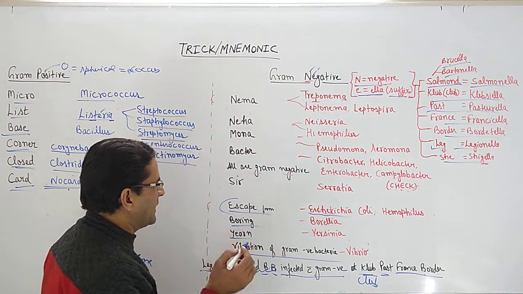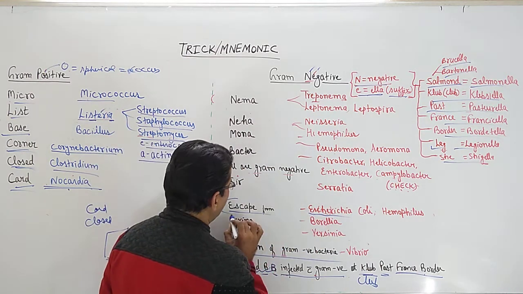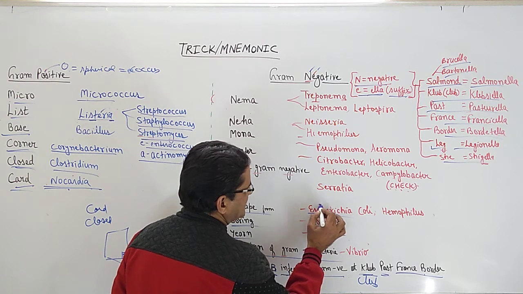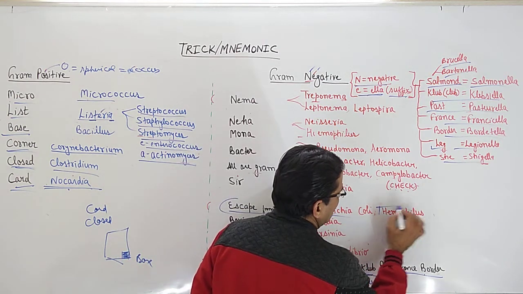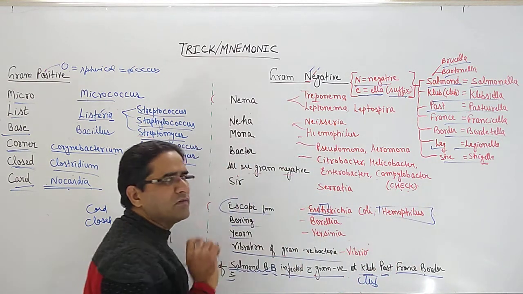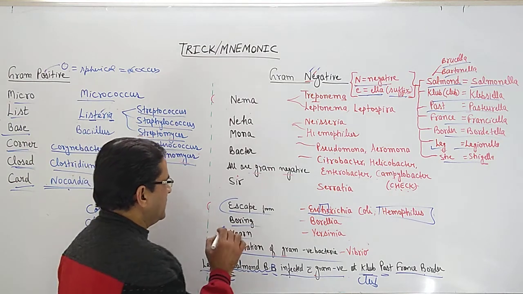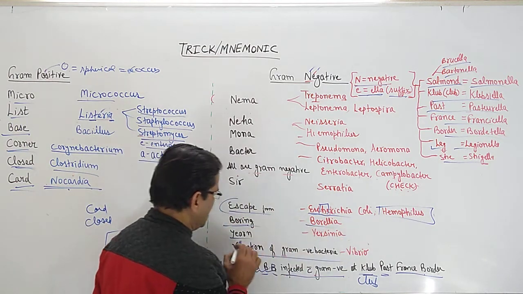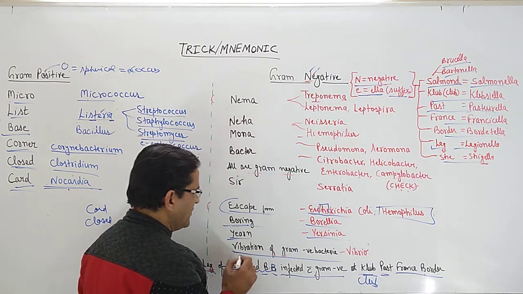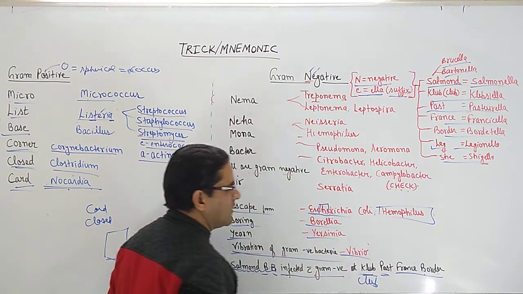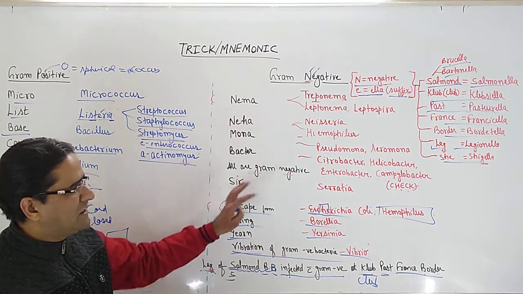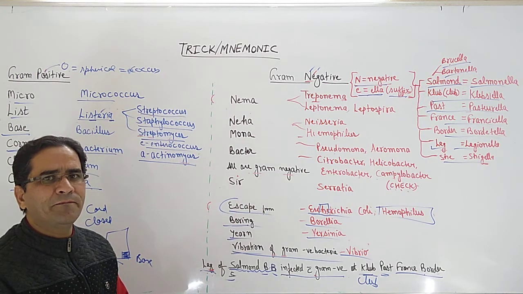If you go through the spelling of Escherichia, after ESC, HE comes, which stands for another bacteria, Haemophilus. Then boring, Borrelia, yarn, Yersinia, vibration, Vibrio. So these are other examples of gram-negative bacteria.